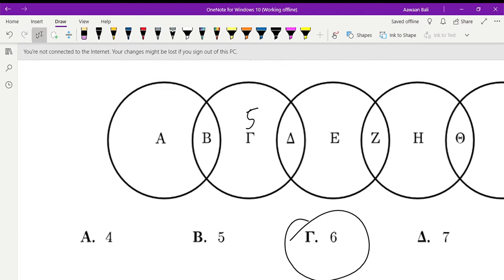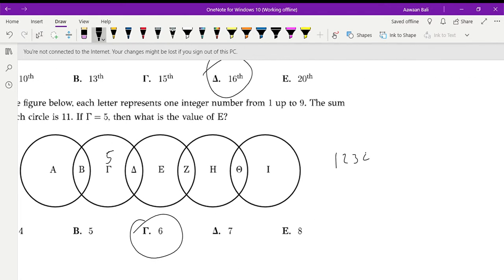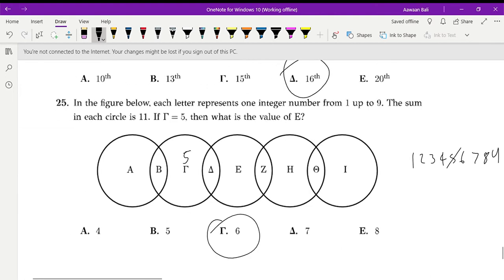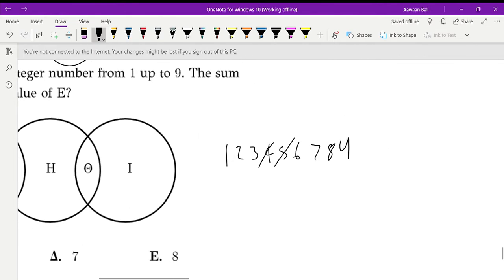Also we have to put 1, 2, 3, 4, 5, 6, 7, 8, 9. 5 is already taken. And then for the sum of 6, we can just say here it's 4, here is 2, and 11 minus 4 is 7. So we can say A is 7. So 4, 7, and 2 have been taken.